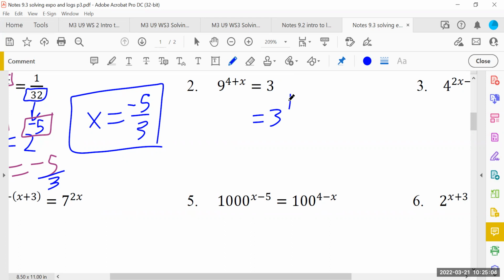Right? 3 to the 2nd power. So rewrite this: 3 squared times the exponent that was already there, 4 plus x. Now that the 3's match, take the exponents, make a new equation. 2 times 4 plus x equals 1.